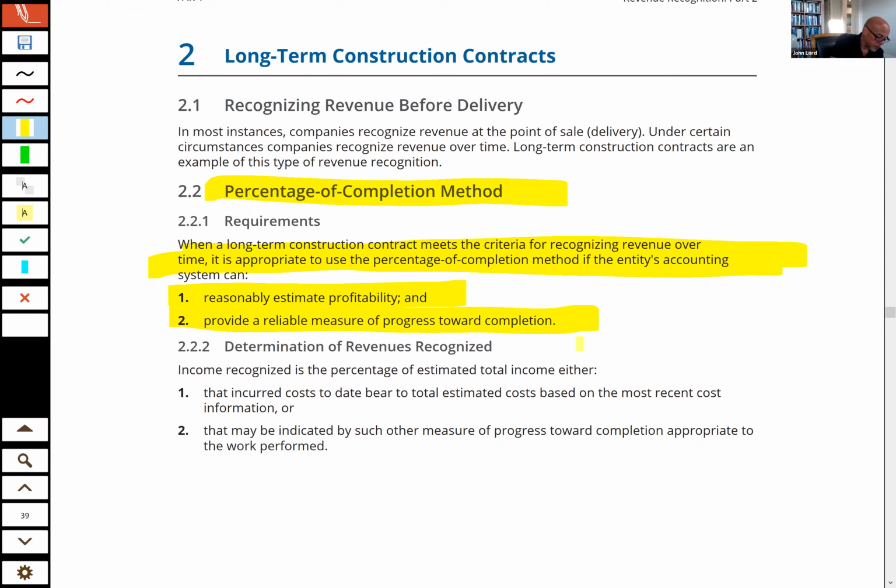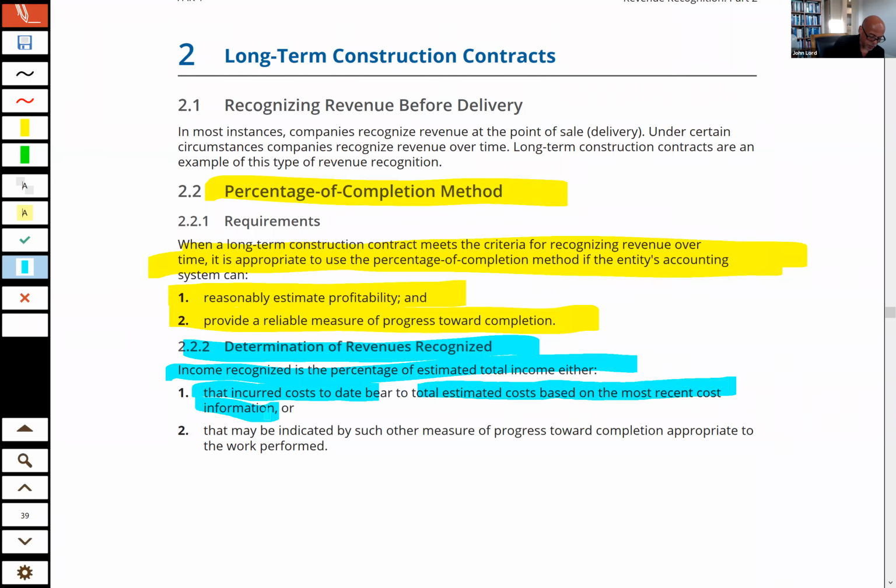Now, under the percentage of completion method, we figure out the income recognized for the period by looking at the incurred cost to date and comparing that to the total estimated cost on the most recent cost information. So we're going to use engineering estimates, compare the total estimated cost of the contract to the cost we've incurred to date, and that's the percentage we will indicate as done.